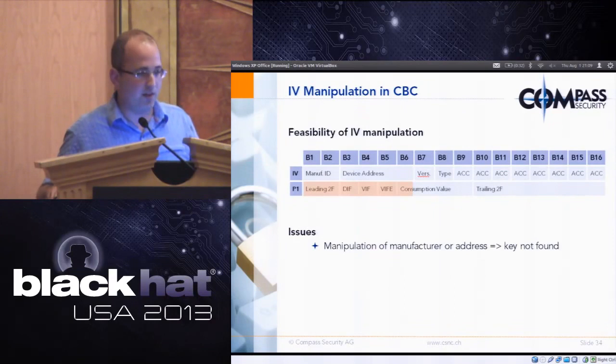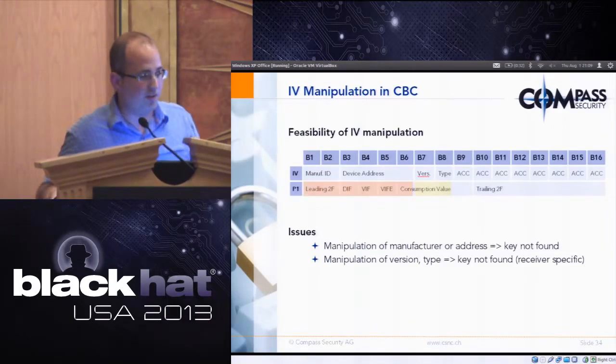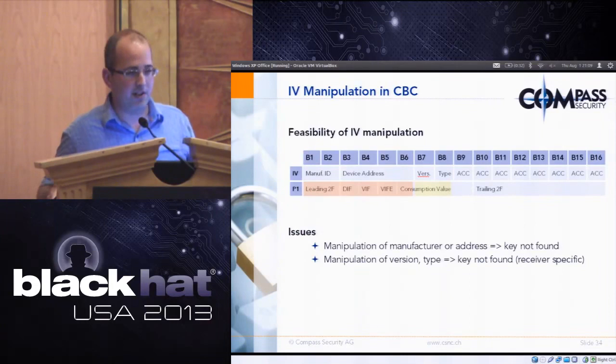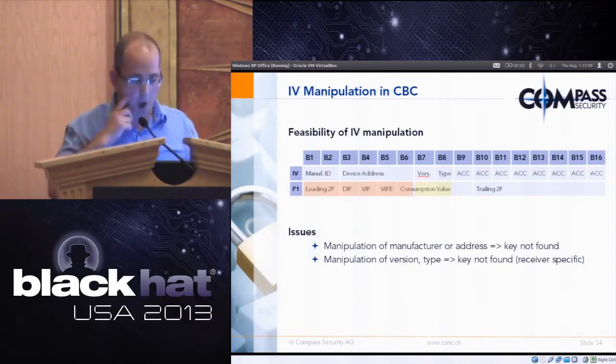So we can't manipulate over there. We could try to manipulate the version and the type information. Some collectors use it to identify the meter. In that case, you can't manipulate there. Some don't. There you can, but this is pretty implementation dependent.